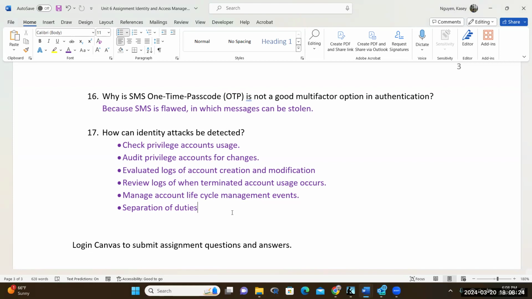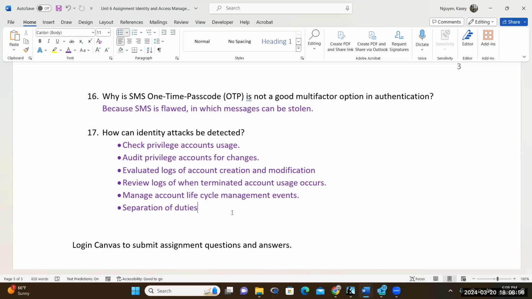So if I have a manager in sales, I don't want this person to also have management capability in my finance system or my accounts payable systems. Only because they might say, oh, I sold 1,000 of something, and then pay for those things, and they might commit fraud that way.